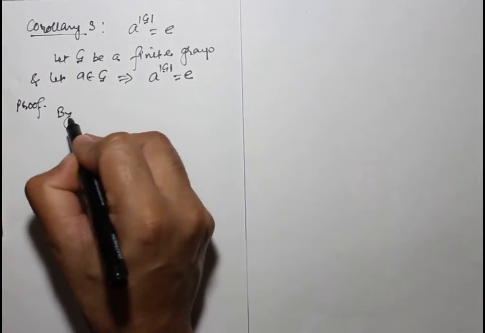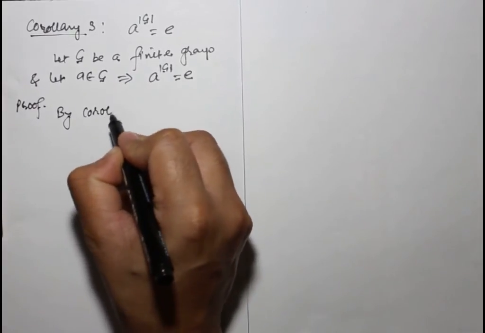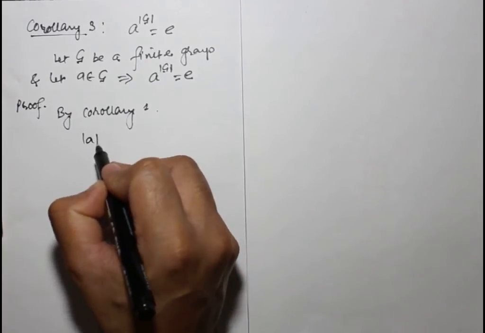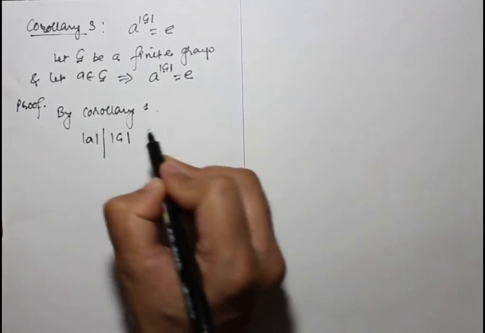By Corollary 1, order of element should divide order of group.